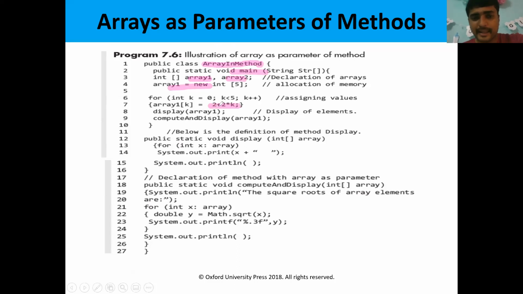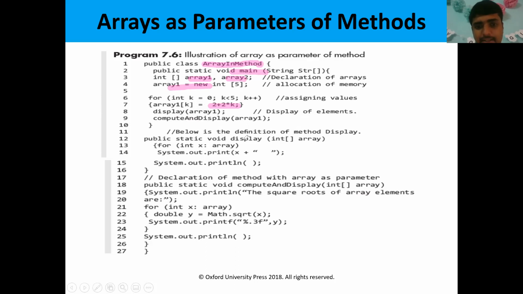That means he is multiplying each value with 2 and then adding 2 again. Then he is displaying array 1. Then he is calling another method, compute and display. So he is calling two methods, the display method and the compute and display method.